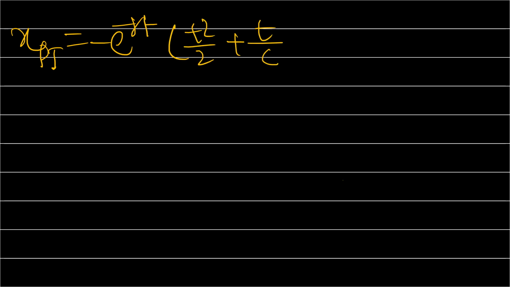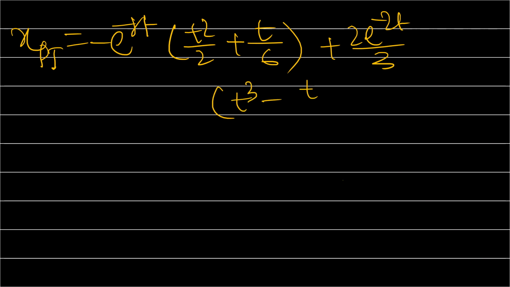So again that term will be what? So basically you will find xpi is equal to e to the minus t, square by 2 plus t by 6 whole into, plus 2 e to the power minus 2t by 3 into t cube minus t square by 6 plus t by 18.